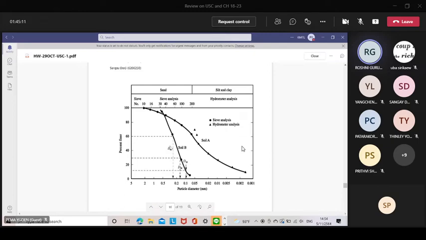For soil A, we got Cu 17.67, and Cc we got 1.415. So the percentage of sand is 40, the silt and clay is 51%, and gravel is 9%.